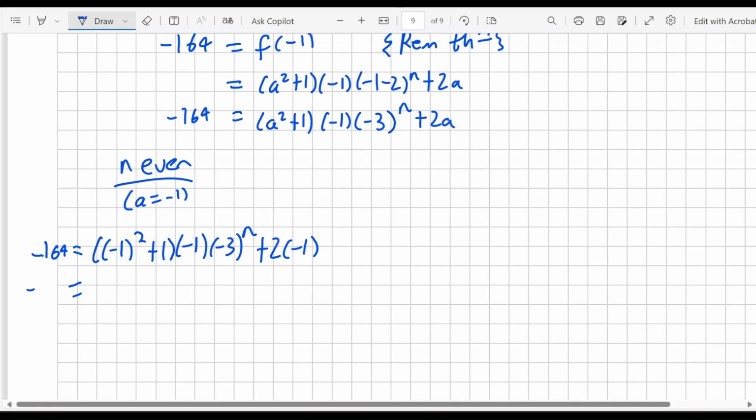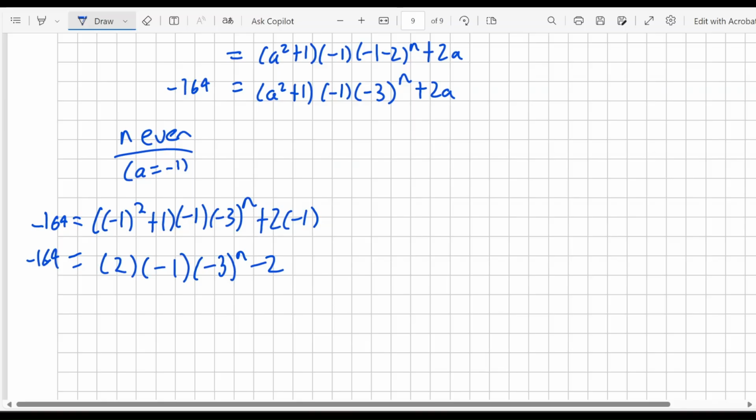So this is going to give you -164. We're going to get 2 with -1 minus 3 to the n, take 2. I can add 2 to both sides, so I can get -162, which is -2 lots of -3 to the power of n.